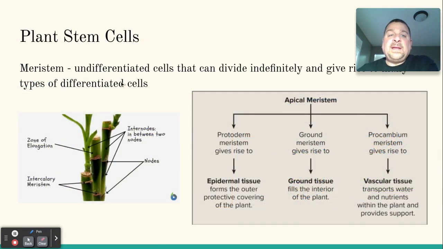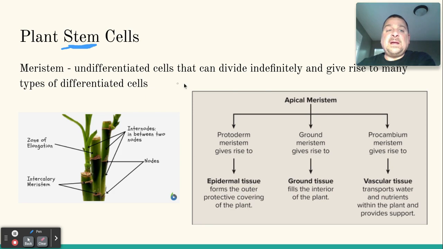Another thing before we get into some of the specific tissues are stem cells. Remember, stem cells in an organism are those base cells that are ever dividing and can become a lot of other different cells. They give rise to many other types of specialized, or differentiated, cells. One of the most common ones is the apical meristem.